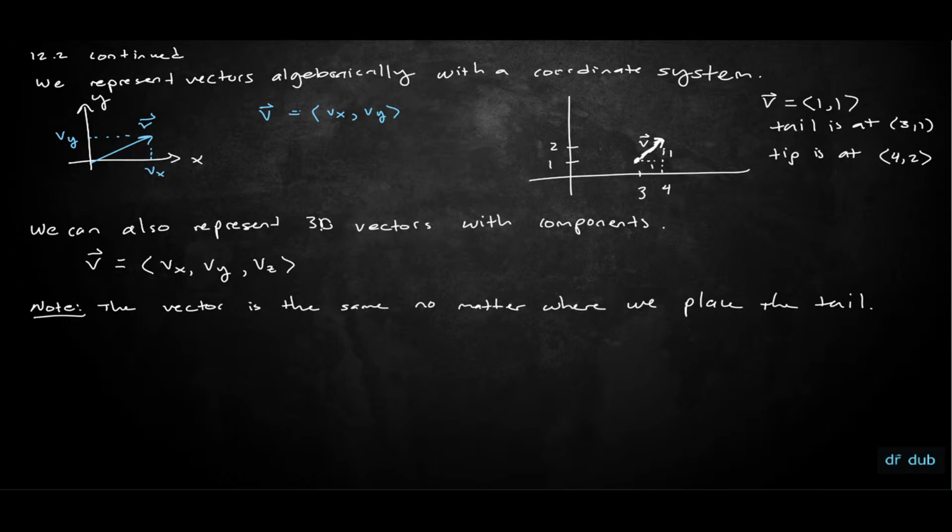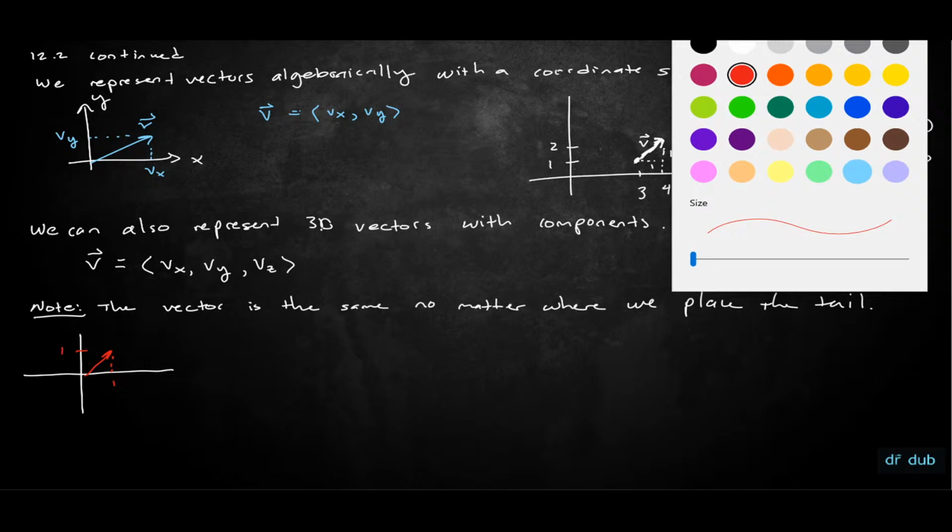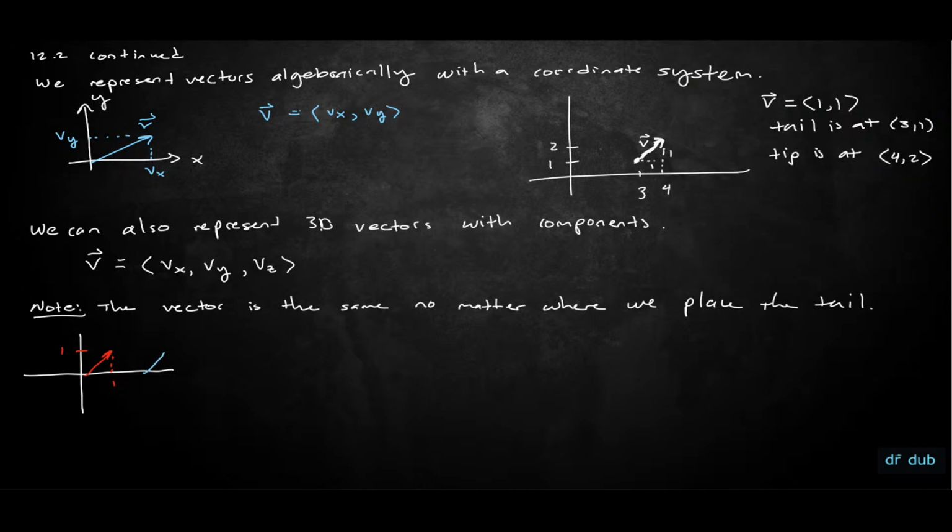So if it's the vector 1, 1, like in our example, it doesn't matter where we put the tail. The vector 1, 1 is always going to point in the same direction and have the same length. So you could kind of visualize that like this. The vector 1, 1 looks like that. But you could also place the tail anywhere else. It's the same vector.